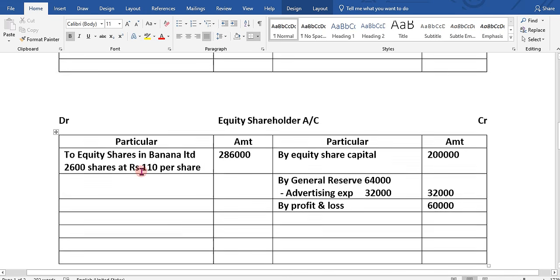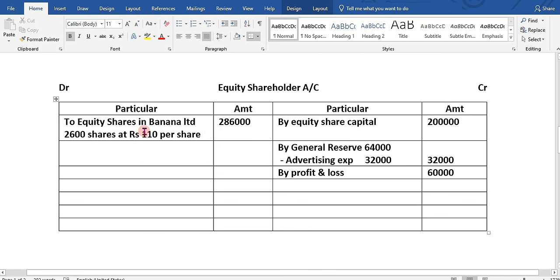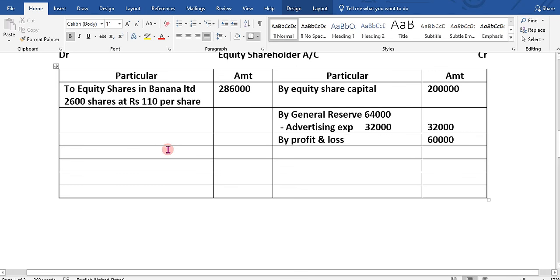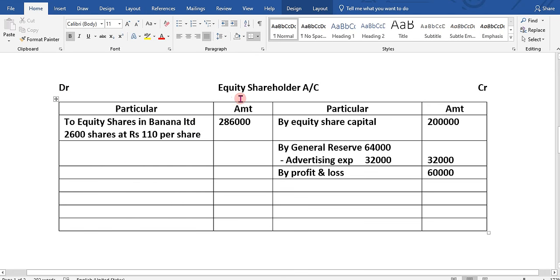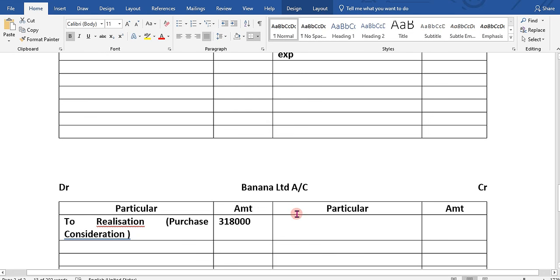The first effect of this, equity shares in Banana Limited 2,600, we wrote down in the debit side of the equity share capital. The second effect of this entry will come in the Banana Limited account credit side.